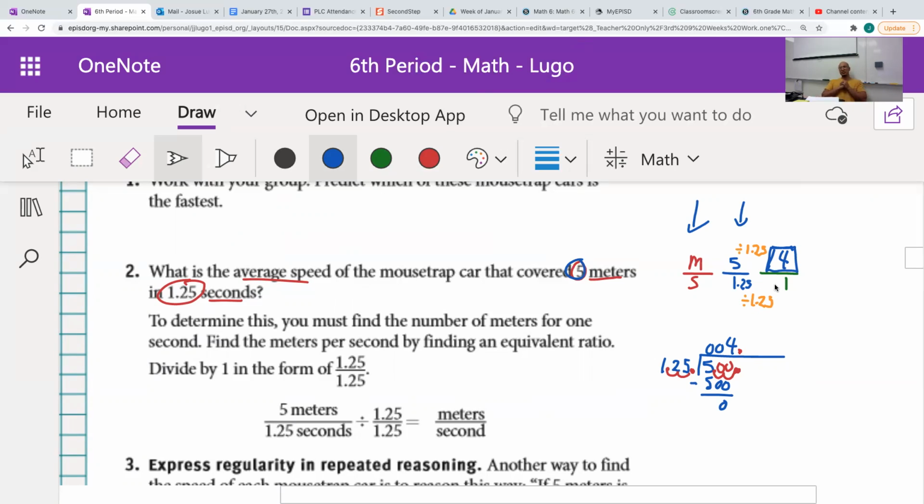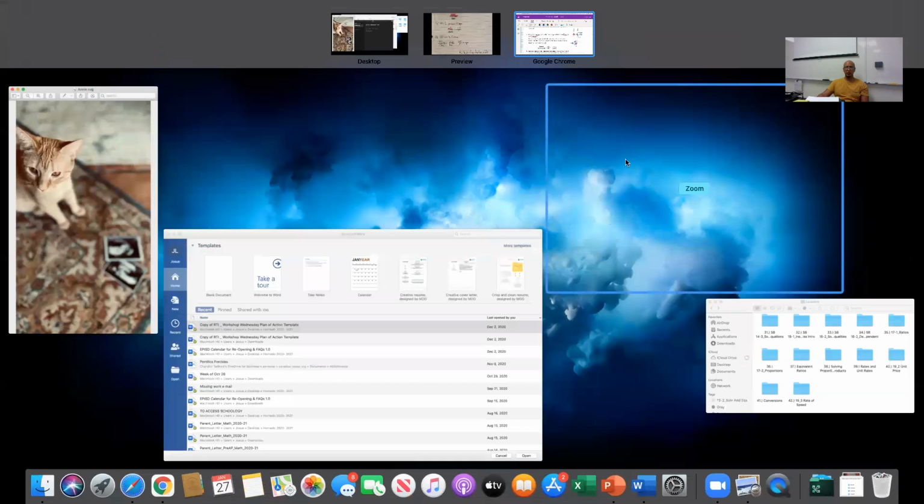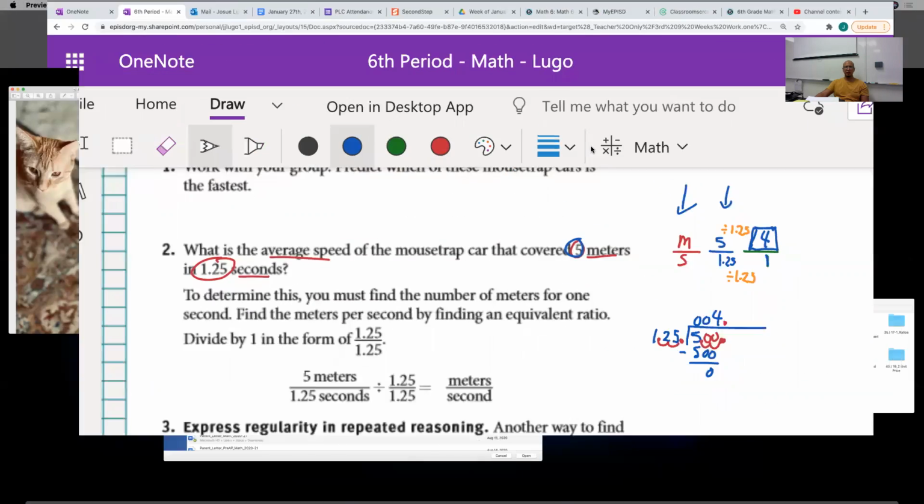And that gives us a rate. Then I solve, how can I get from 1.25 to 1? It's 1.25 divided by 1.25. I do the same thing in the numerator, and I solve it, and that gave me 4 meters per second.